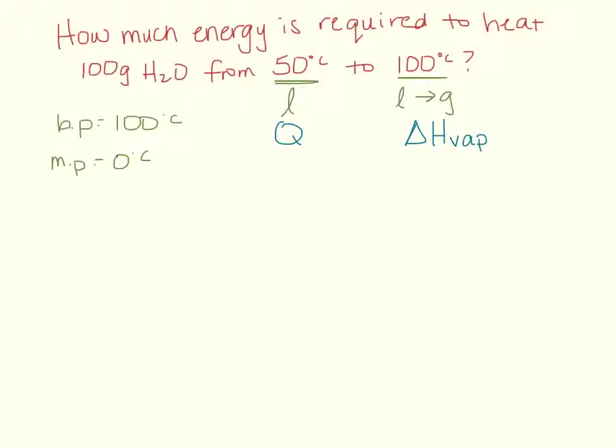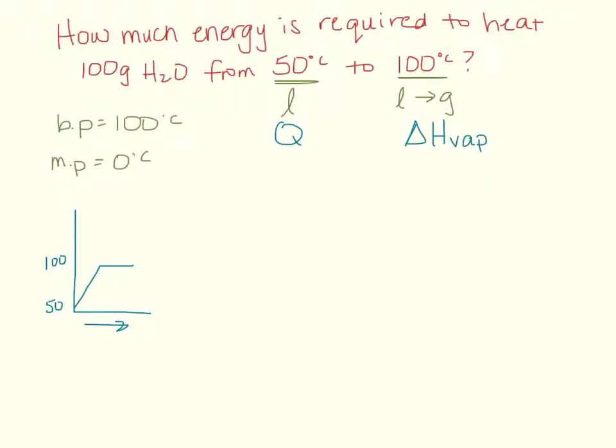I need my ΔH vap for this part of the equation, because if I draw my little graph, it's going to look like this. This is going to be my 100 degrees Celsius, and this is going to be my 50 degrees Celsius. And I'm adding heat to the water to raise the temperature.